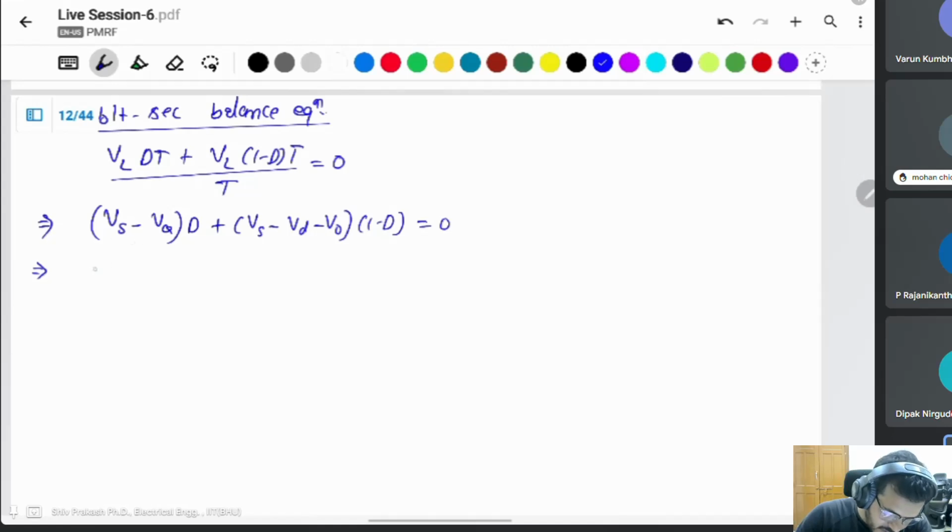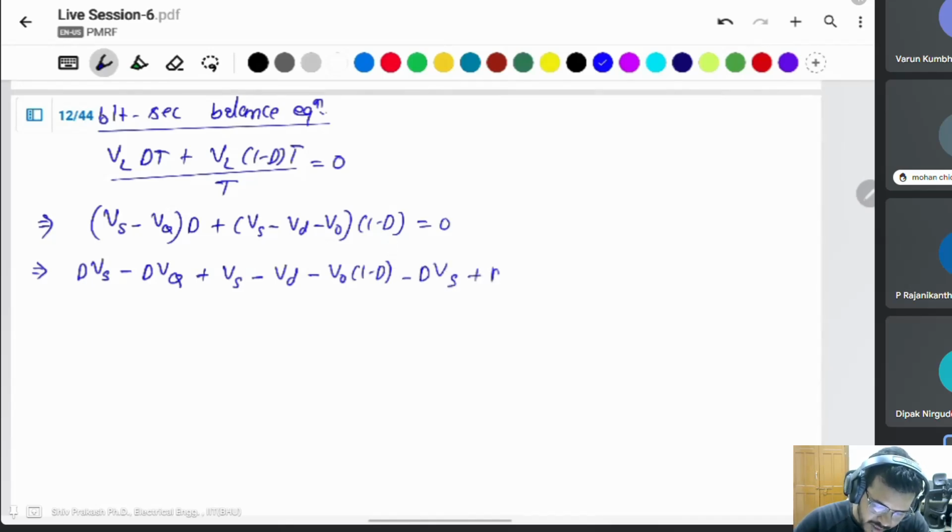Multiplying this out, we get dVs minus dVq plus Vs minus Vt minus V naught. We can take this as 1 minus D also, minus dVs plus dVt is equal to 0. dVs and dVs will be cancelled out.